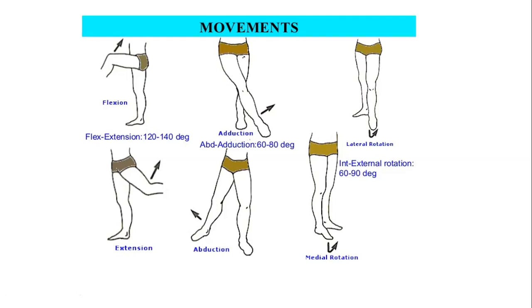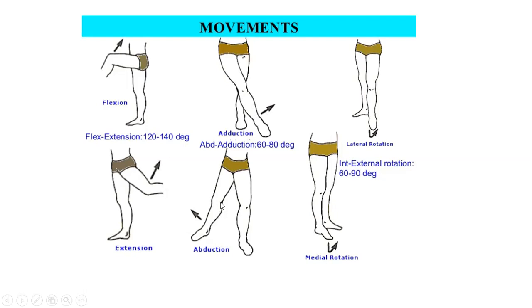It is not only limited, if we talk about adduction, by coming into contact with the opposite leg, but also the tension from gluteus medius and minimus helps limit the adduction.